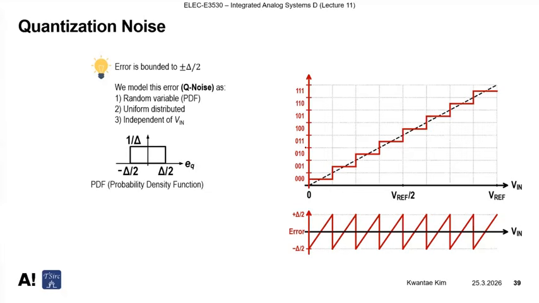But we try to model it as independent of input voltage. So in mathematical or block diagram modeling, we draw it this way. In circuit analysis, we have X as an input, Y as an output, and we add error after quantizing. Then we call quantization error EQ.